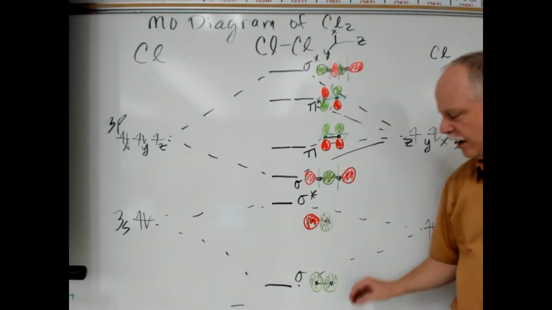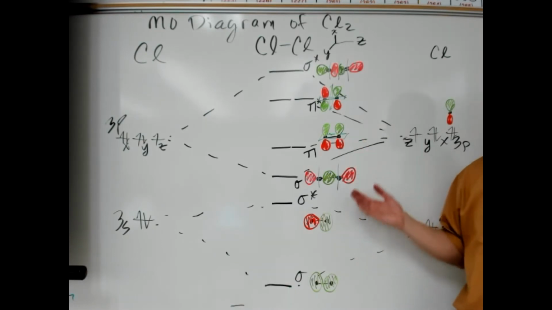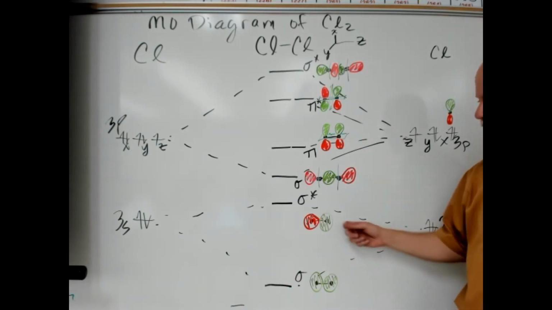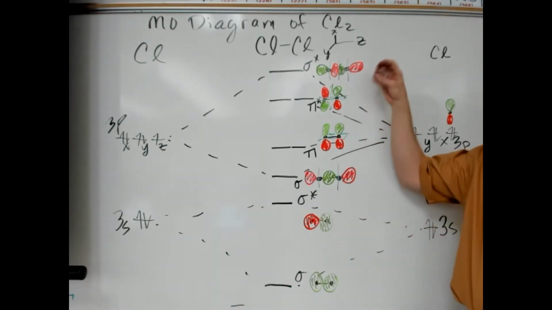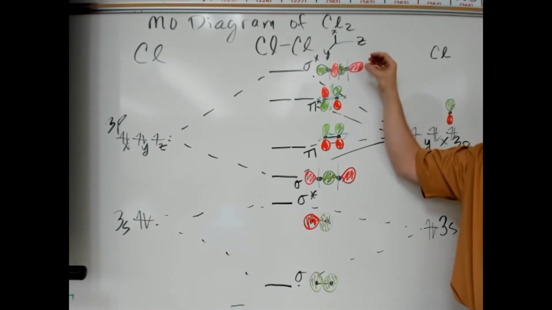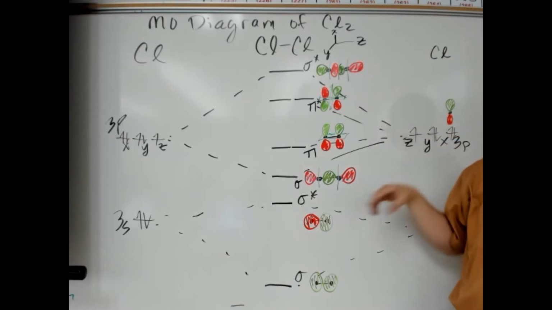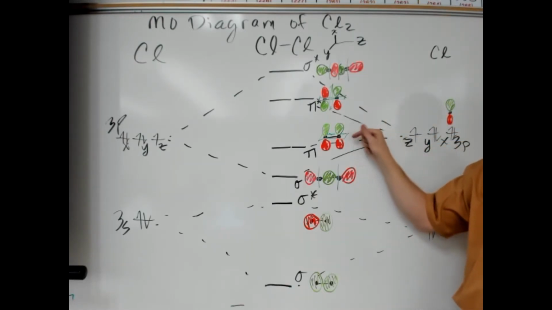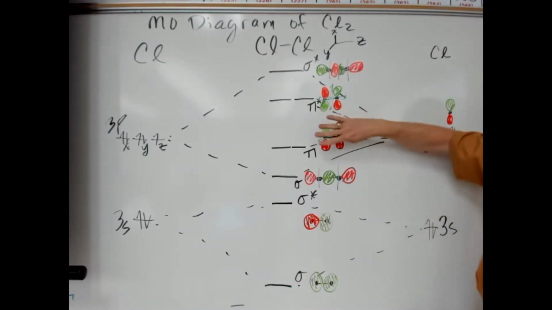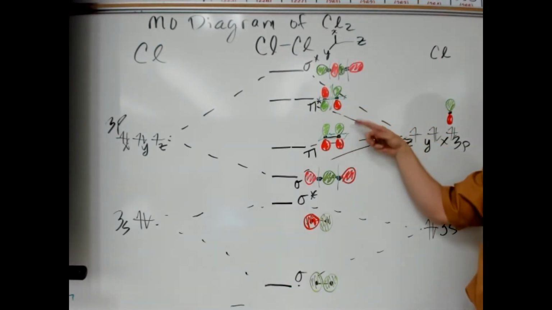One question I have, if you were to be given these pictures: can you see that all of the sigma interactions have what I call rotational symmetry? If I spin that orbital around the bond, it doesn't change at all. But if I spin this pi bond around the bond, the top becomes the bottom and the bottom becomes the top. So it does not have rotational symmetry.